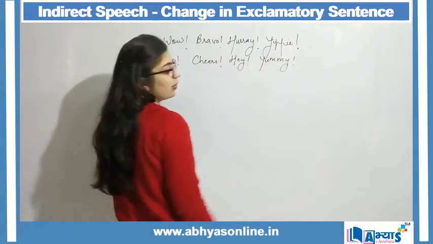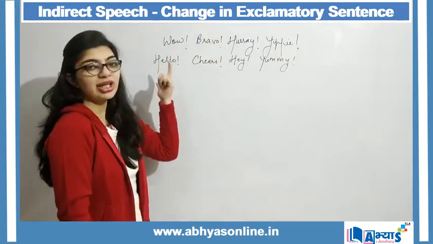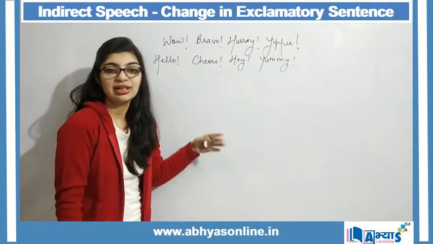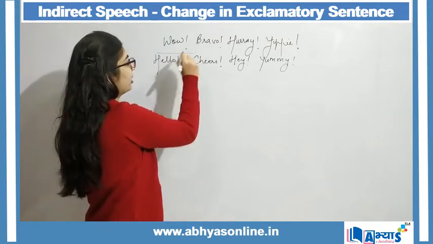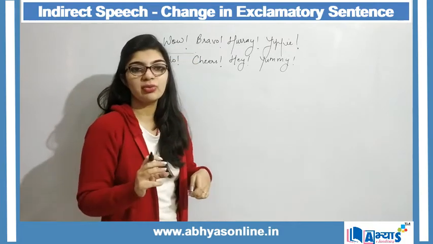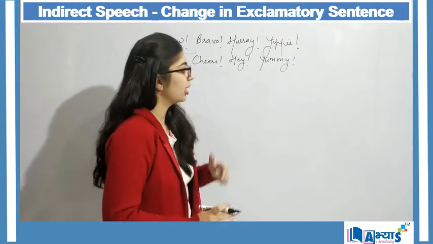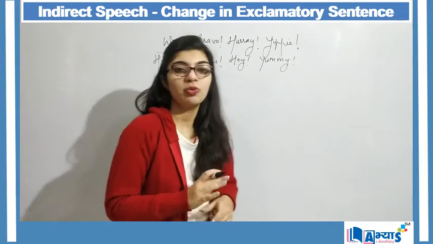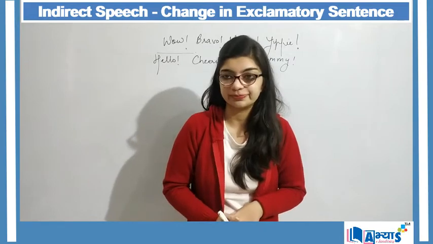So these are some of the examples of exclamatory words. Now you've noticed that after every word I have introduced an exclamation mark. This is a special point to remember that for all the exclamatory words, the words will always end with an exclamation mark. Now using these words in direct sentences, we need to convert those sentences into indirect form.